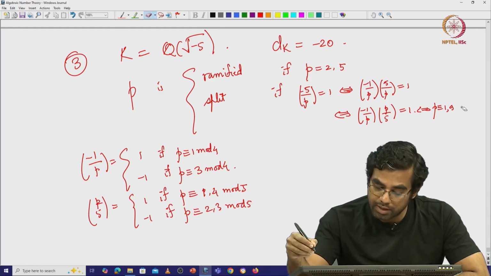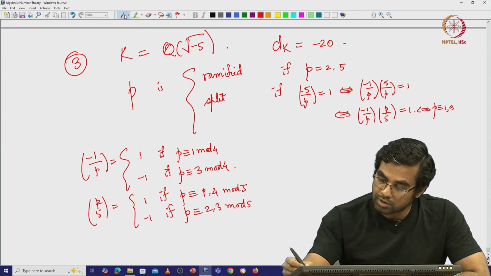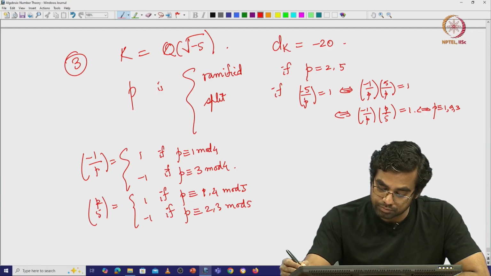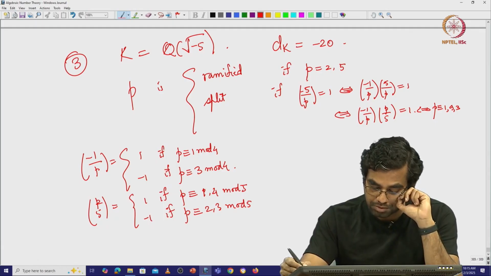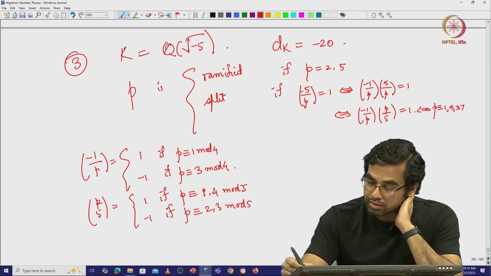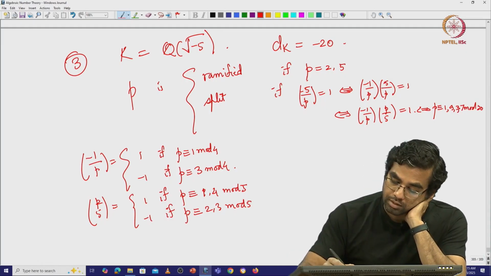But if they are both -1, then it's 3 mod 4 and 3 mod 5, or 3 mod 4 and 2 mod 5, which is 3 mod 20 and 7 mod 20. I'm trying to use the Chinese remainder theorem. So it's 7 mod 20.